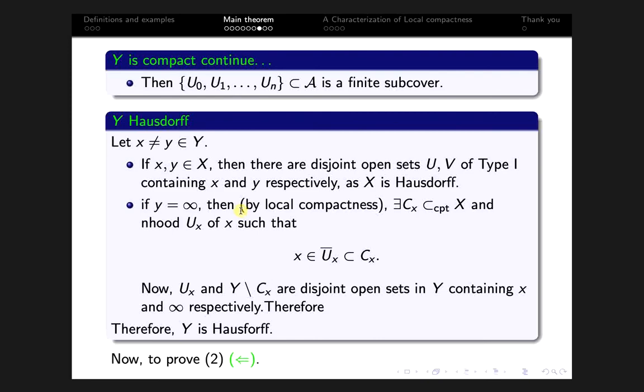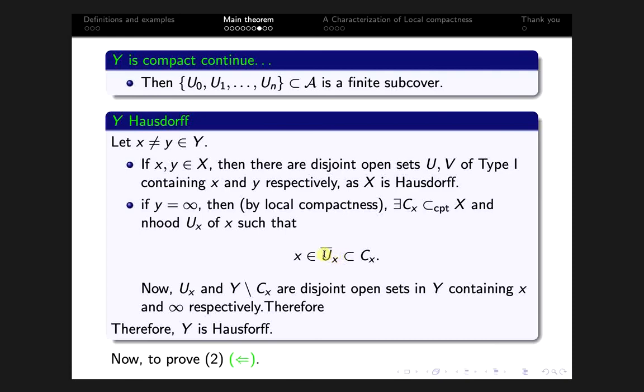Let us denote that open neighborhood by Ux, such that x belongs to Ux contained in Cx.